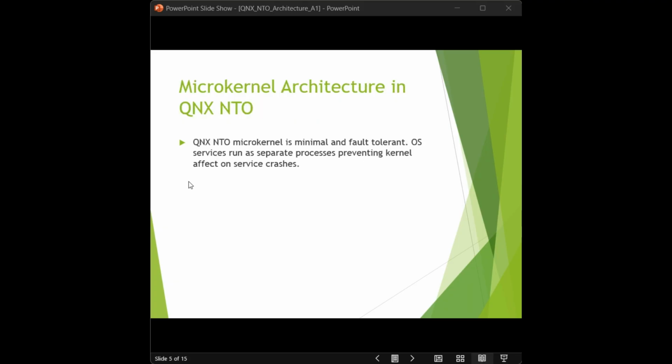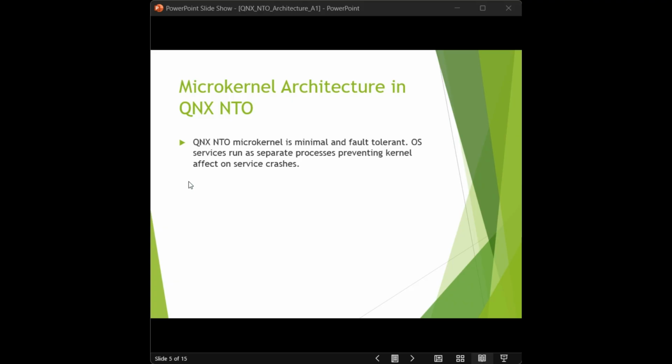Okay. Now let us move on to the microkernel architecture, which serves as the core concept of QNX systems. Here, the kernel is kept very small and minimal, which is very important. Only the essential services like scheduling and communication are inside the kernel.